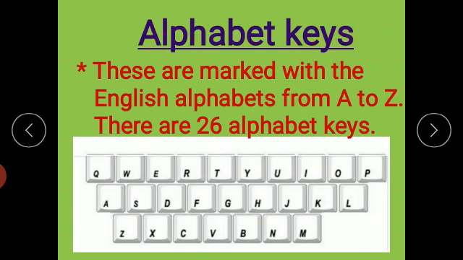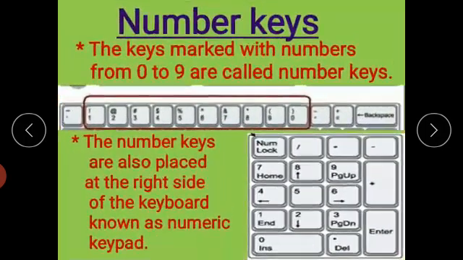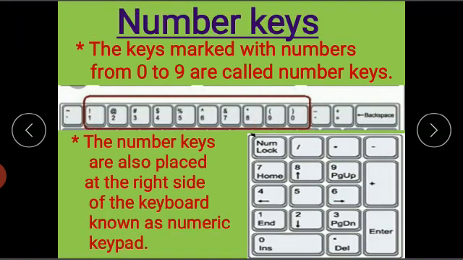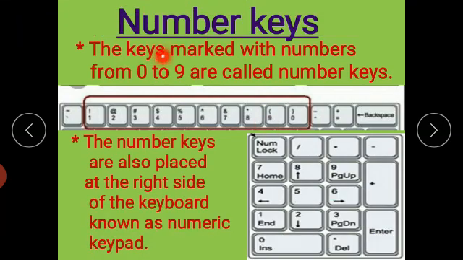Okay, children. Now come on to the next key. That is number key. Look at the children. Children, look at the figure. There are 2 sets of number keys on the keyboard. Have you seen? One is present in a long bar and the second is here. The keys marked with numbers from 0 to 9 are called number keys.